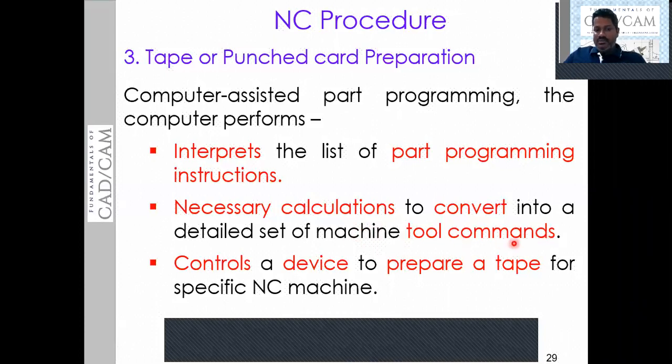This computer is also going to control a device to prepare a tape. So if it is computer assisted part programming, you have a device that is going to prepare a tape which is specific to perform machining operations.